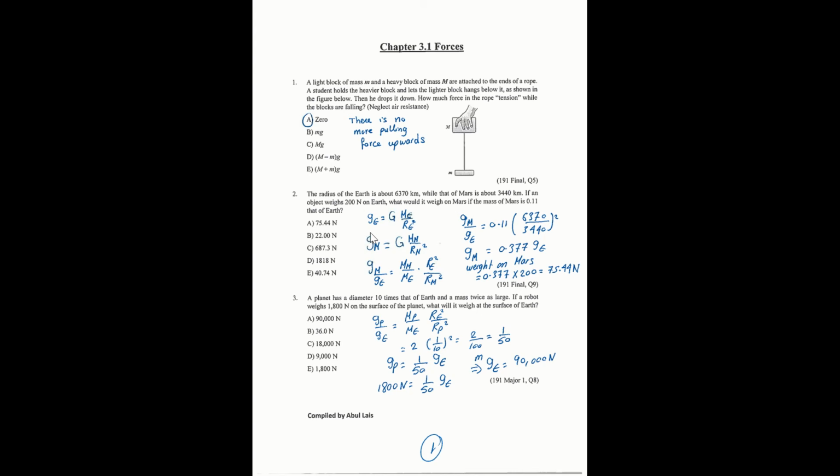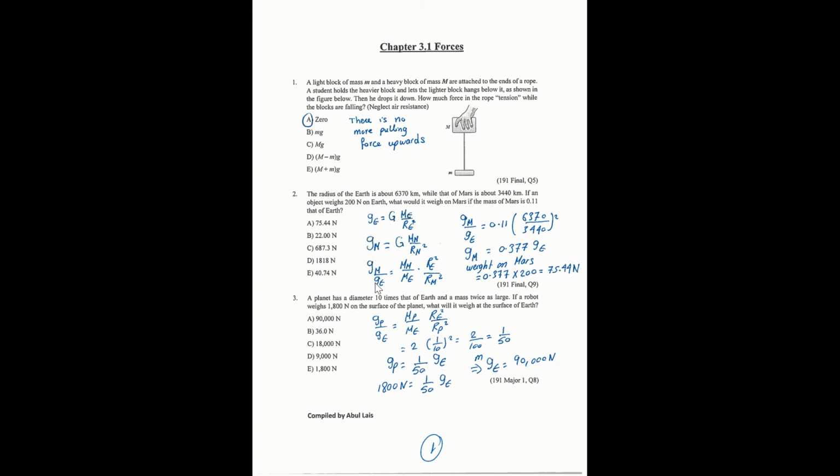As you guys know, we have learned that the acceleration due to gravity can be calculated using this equation: g_E equals capital G M_E over R_E squared. So that's on Earth. What about on Mars? I can just use the same equation, however I need to replace the mass with the mass of Mars, and the radius with the radius of Mars.